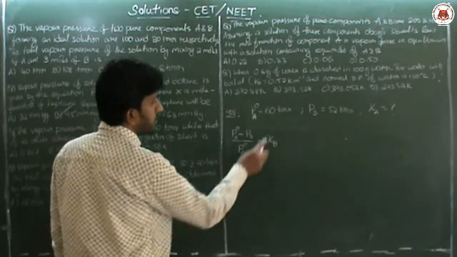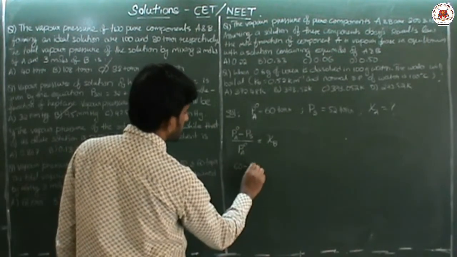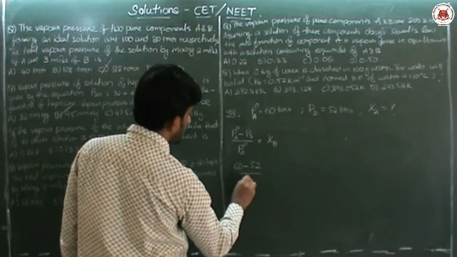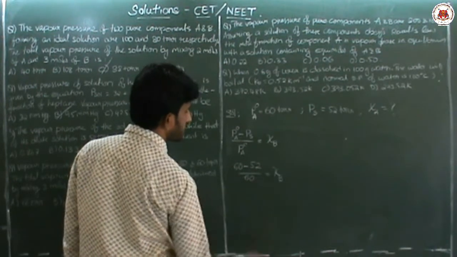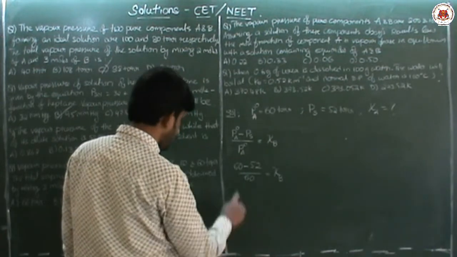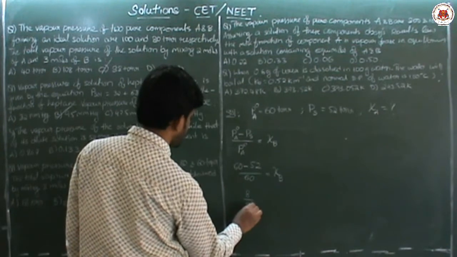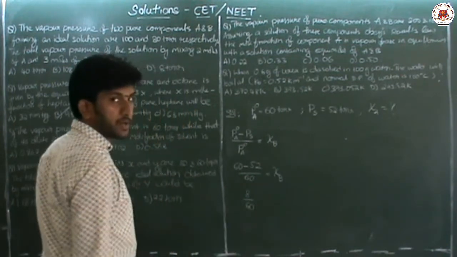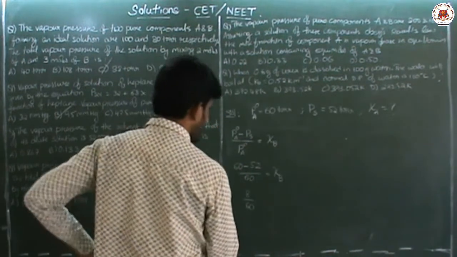So P naught A is 60 minus the solution pressure 52, divided by 60, is equal to the mole fraction of B. So this I can write down as 8 by 60.